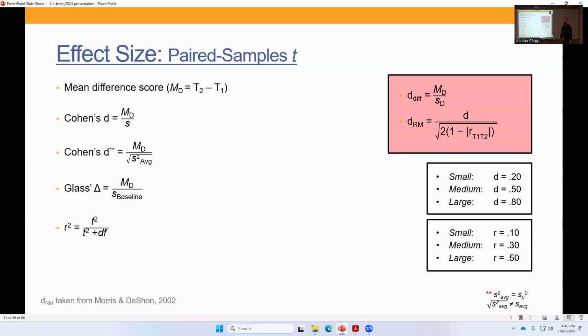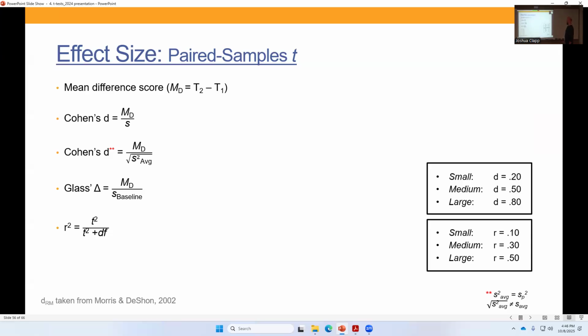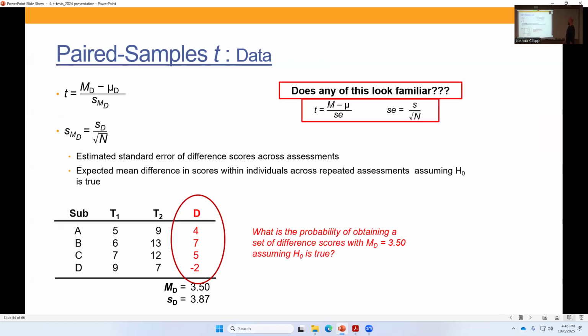The problem is that I can have wild variability here and wild variability here, and very little variability in your difference scores. Has anybody ever done psychophys types of work? A little bit like skin conductance.